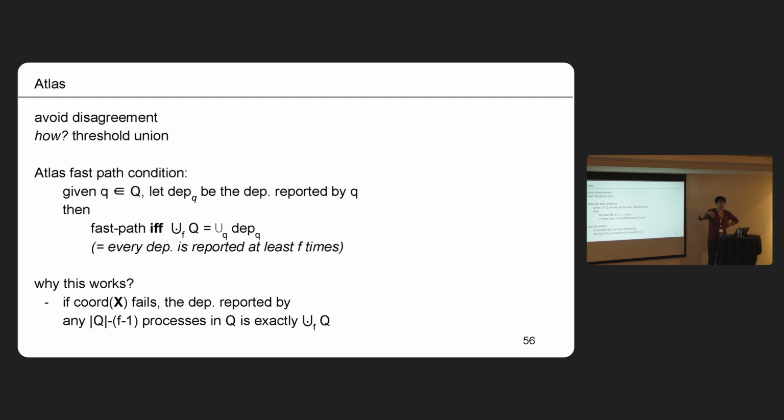So everything in the dependencies reported by the replicas appears at least f times. So if the coordinator fails, I can ask the remaining replicas to give me back what was taken as the dependencies of the command. Okay, this is the idea. We change the fast path condition of Egalitarian Paxos with this condition that has as a parameter the number of failures we want to tolerate.